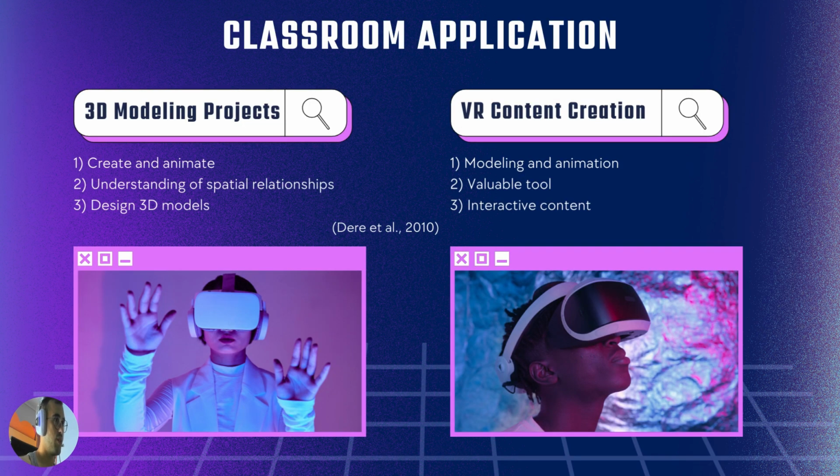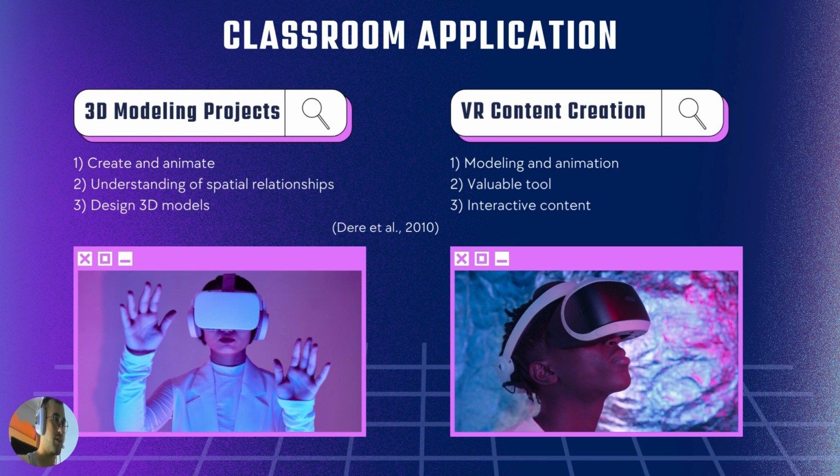Let's move on with the classroom use. We can use Blender for 3D modeling projects and VR content creation. Starting with 3D modeling projects, students can create and animate their own 3D models, enhancing understanding of spatial relationships and design. On the other hand, VR content creation is for courses that focus on VR.